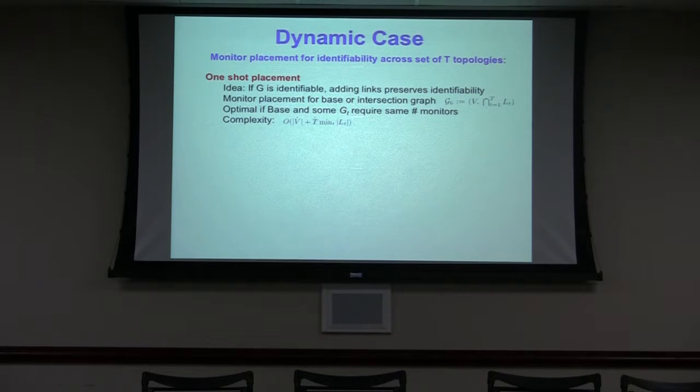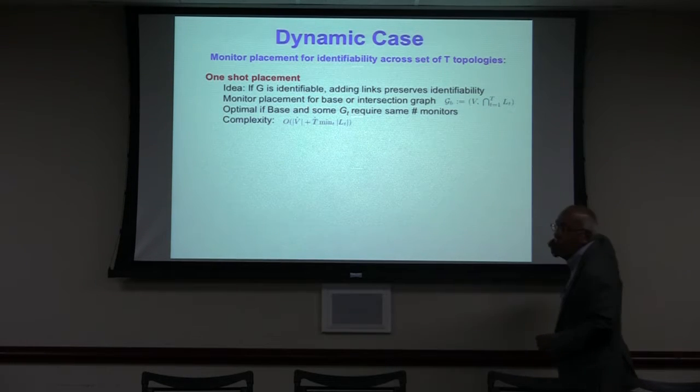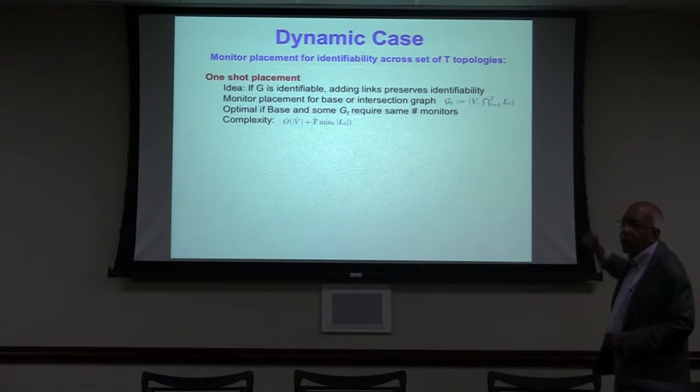So one-shot placement is based on the idea that densification does not destroy the three-vertex connectivity property. So if I can solve it for a small network and add links to it, I'll have to set the R matrix differently. I need more measurements, but I don't need more monitors. So I create this base graph, which is basically the intersection of all the different topologies I have, and I do monitor placement on that.